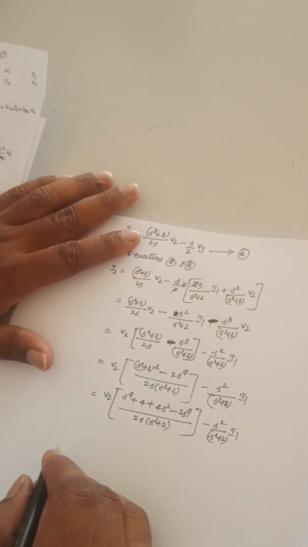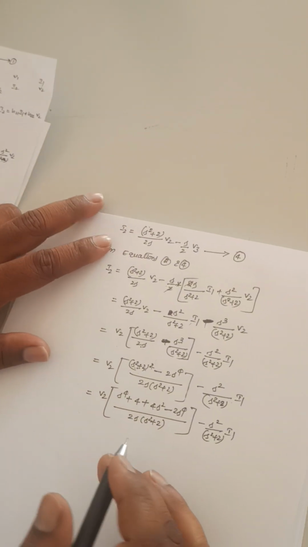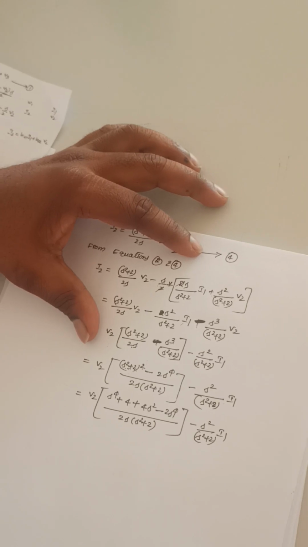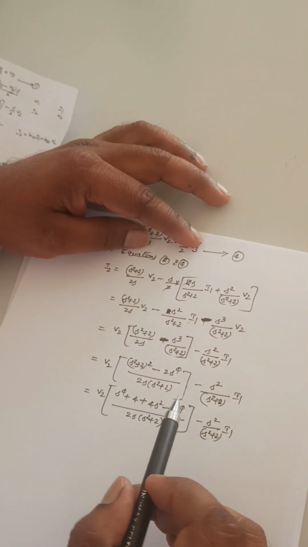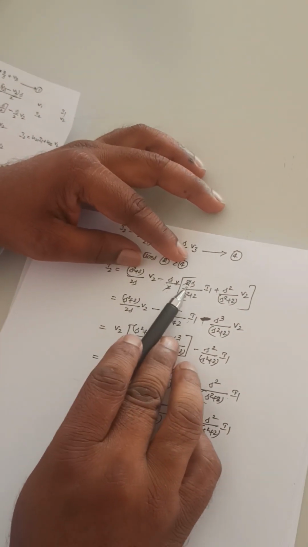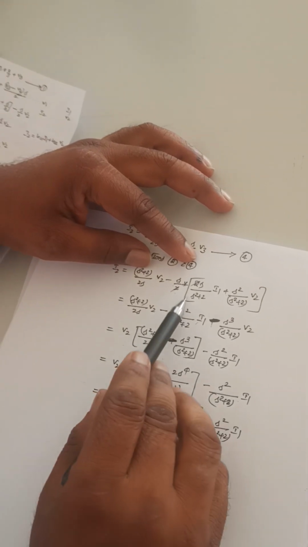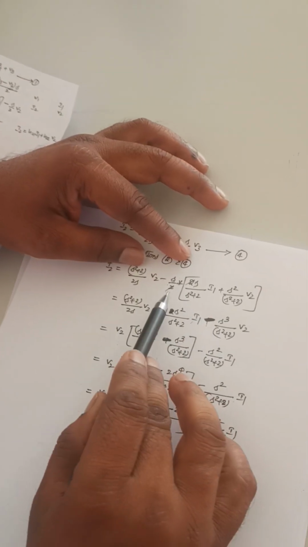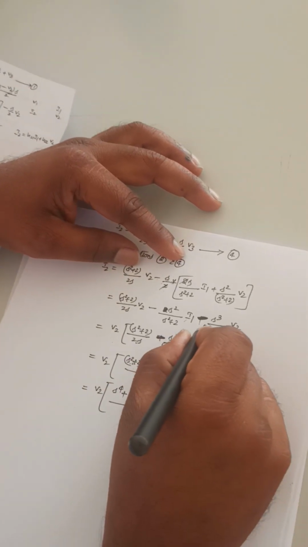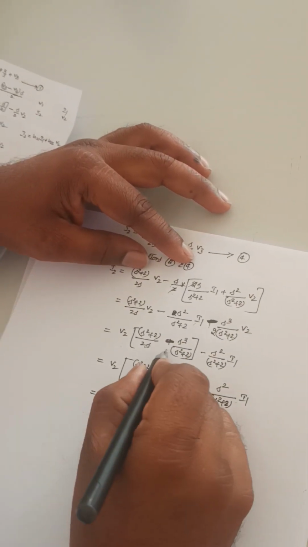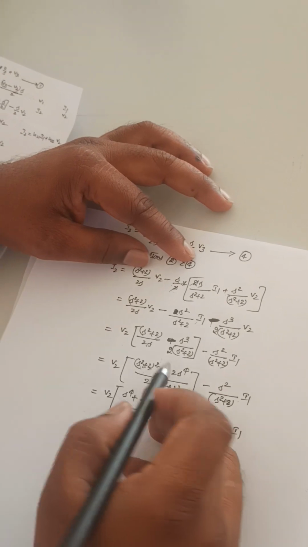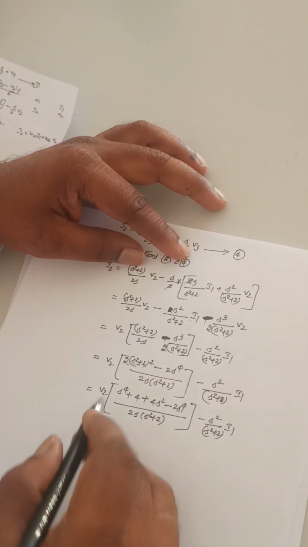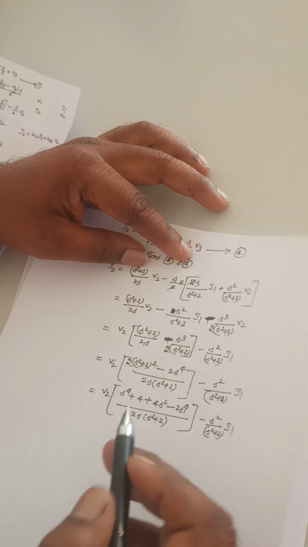Now this 2 and this 2 will get cancelled. While I was multiplying this term with this term, I forgot to write this 2 here. So try to write this 2 also here. So if I cross multiply this one, it will become 2 into (S square plus 2) whole square.